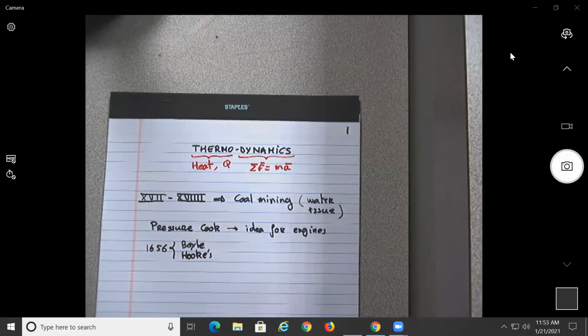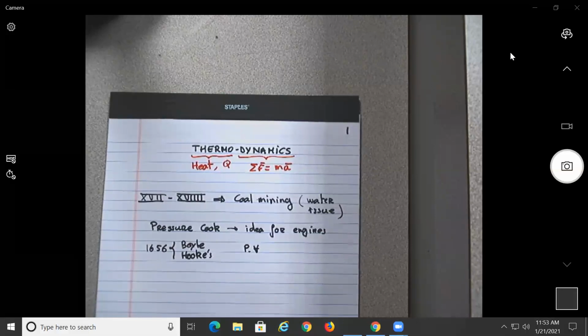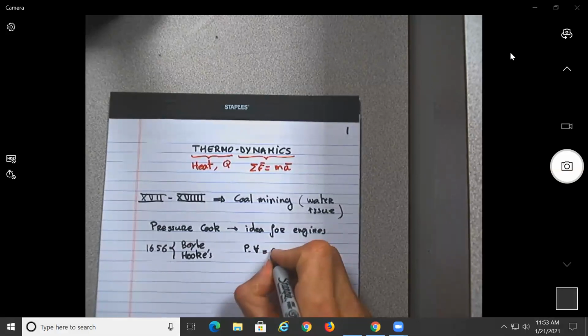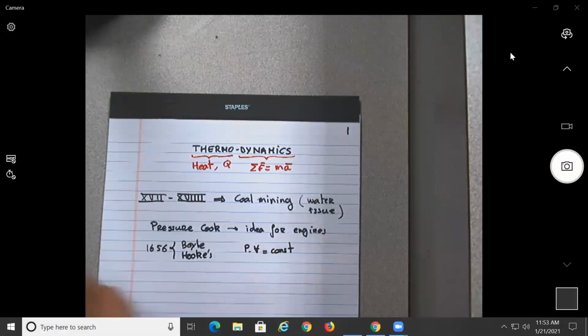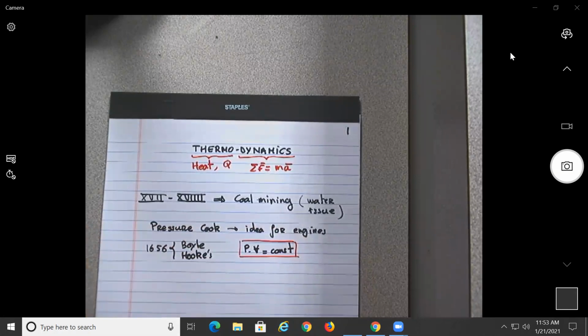But what's important here is that these two persons, through experiment, found out that the product of the pressure times the volume, PV, remained more or less constant. Okay, so that was an advantage.